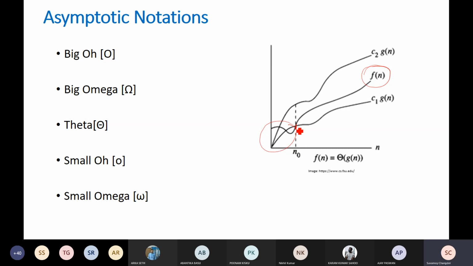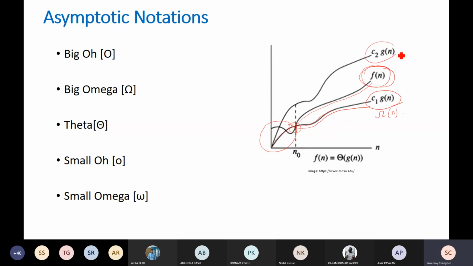For a particular given n0, after that this curve is always under this one. So whatever value you get from c1 into g(n) will always be less than f(n). So this defines omega of n. We are finding a curve or polynomial which is always less than this.